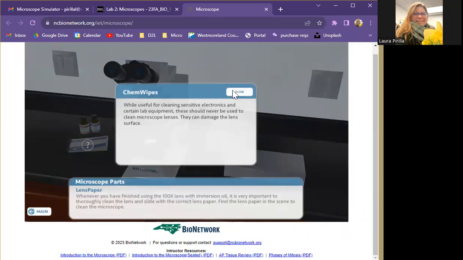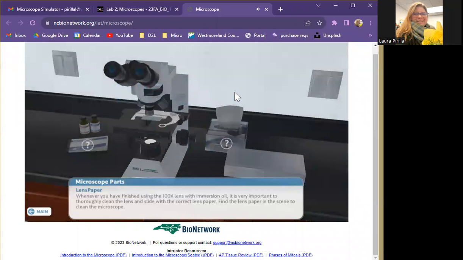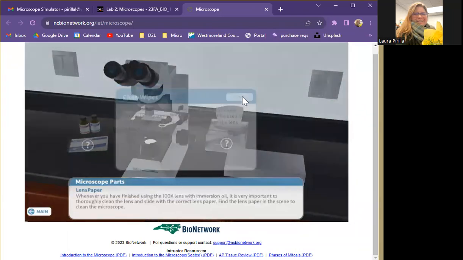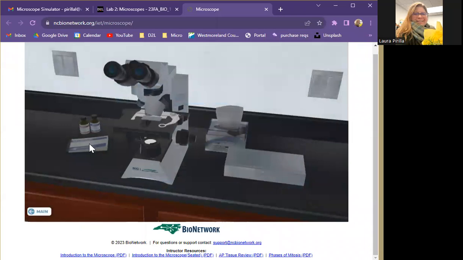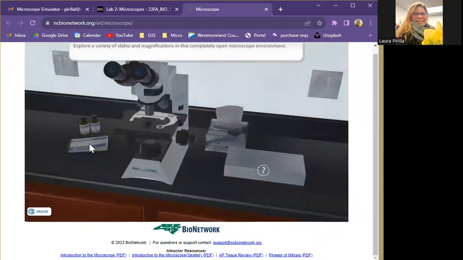So it's a special paper that's meant not to scratch the lenses, but it will absorb all of that oil off. So we're going to click Done. Oh, they want you to use this lens paper here. We use the Kim Wipes brand ones in our lab, but they wanted you to use the lens paper instead.